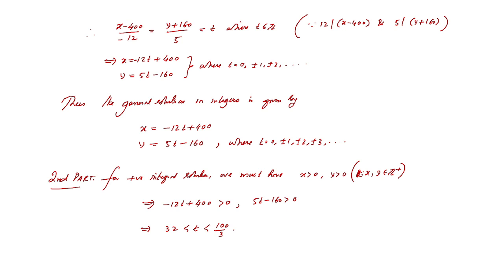If we draw the number line, here 32 and 100 by 3, that will be 33.33 something. In between there is only one integer, this is 33. So obviously t equals 33 since t is an integer. So we'll get only one positive integer solution.